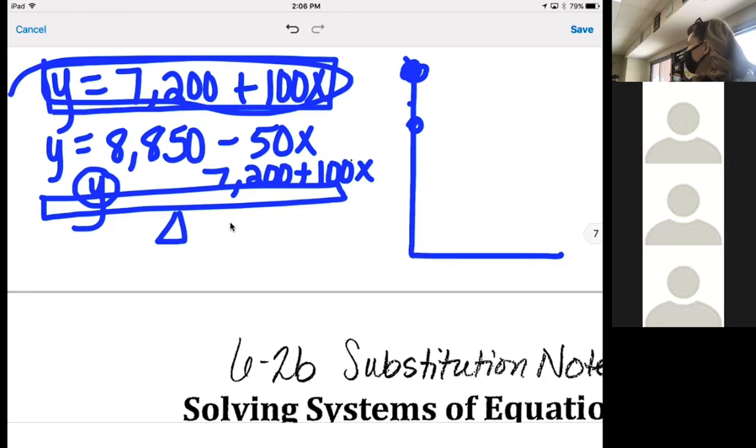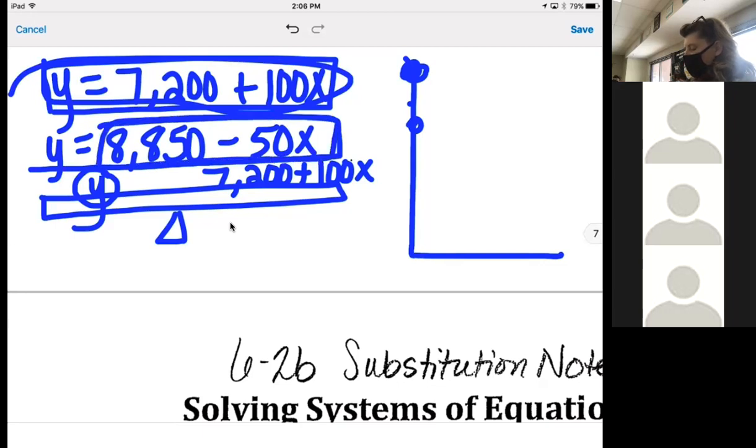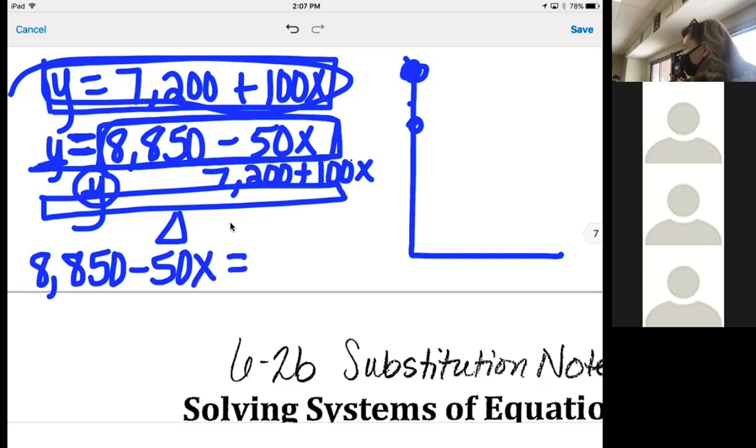What is equal to y that we can replace it with? See that right there? That is equal to y. So we're going to pull y off the pillar and do a quick change and put 8,850 minus 50x where it was.